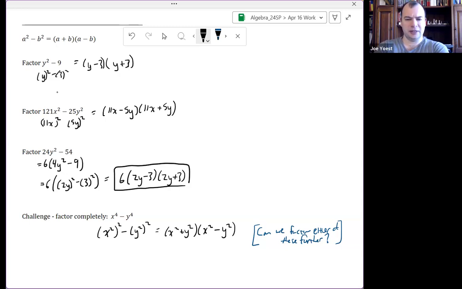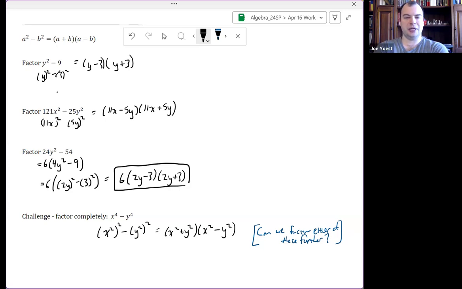The third one, again, I look at it and I say, well, I have two terms, but 24 is not a perfect square, 54 is not a perfect square. But I do notice that I can factor out a greatest common factor of 6. 6 times 4 is 24, and 6 times 9 is 54. So factoring the 6 out leaves me with 4y squared minus 9.